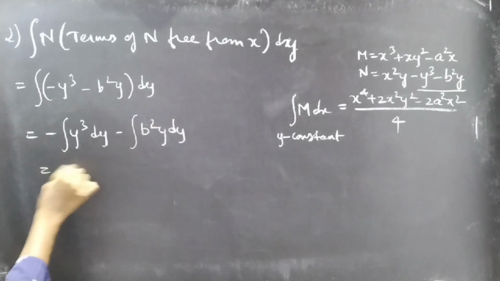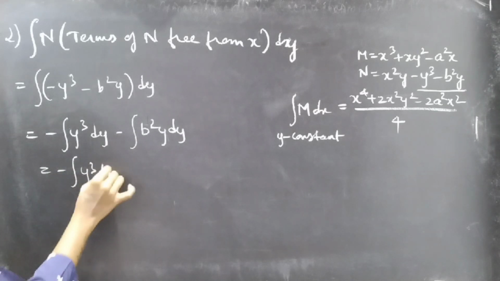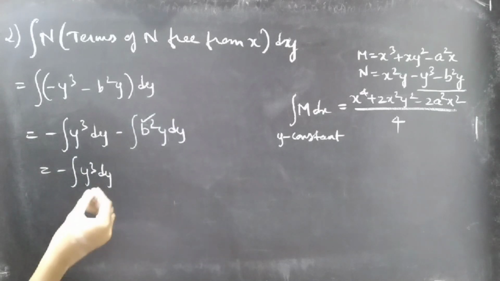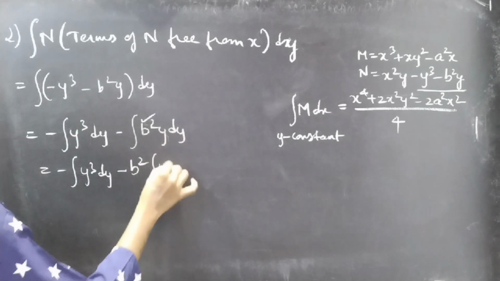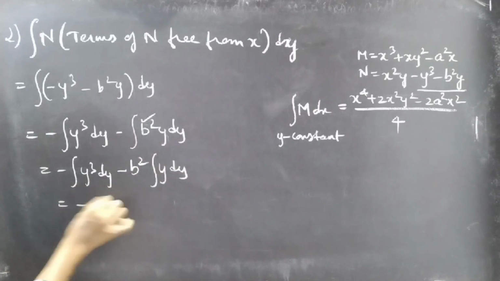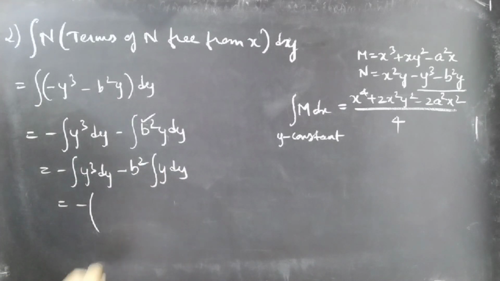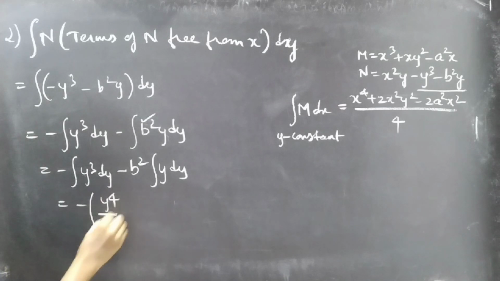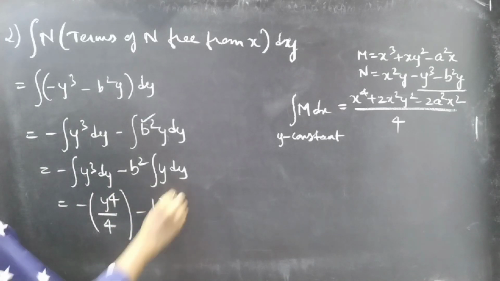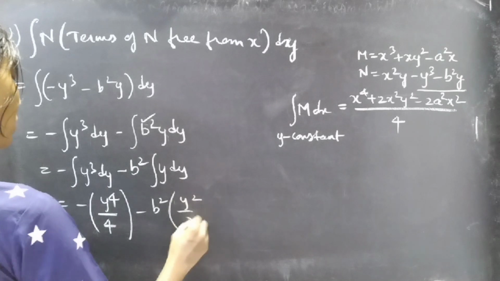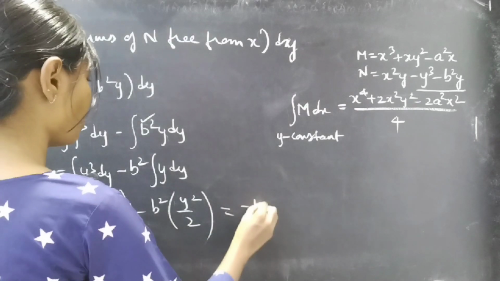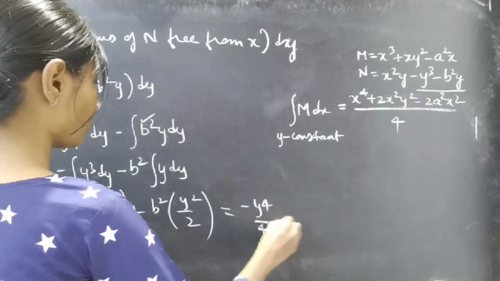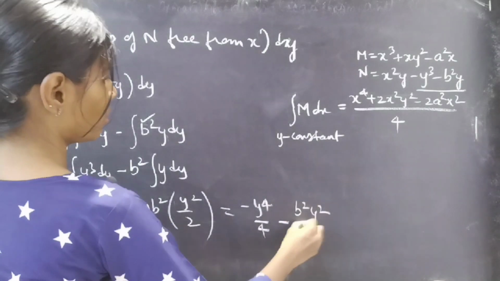Let's take the constant outside the integral, which is minus b square, times the integral of y dy. This is equal to minus y power 4 by 4 minus b square into y square by 2, which is equal to minus y power 4 by 4 minus b square y square by 2.